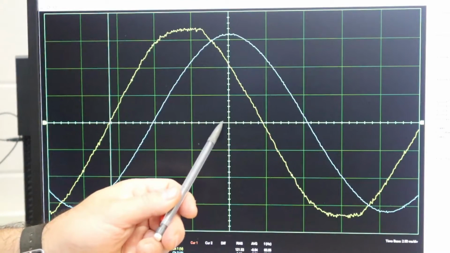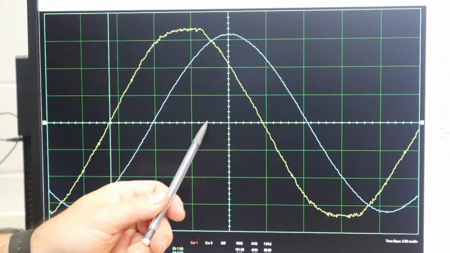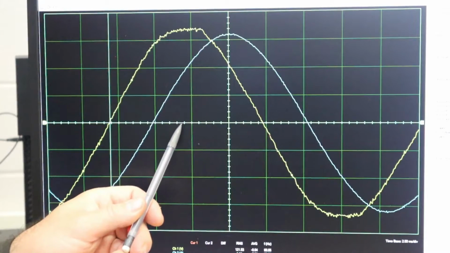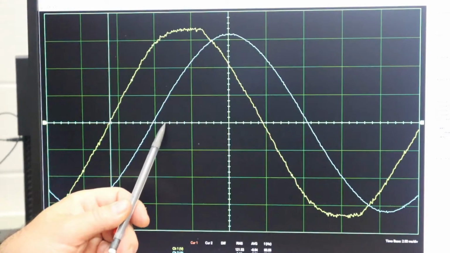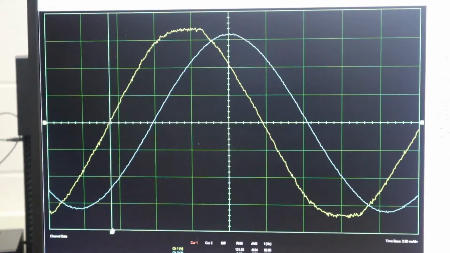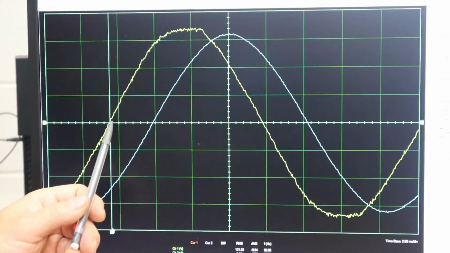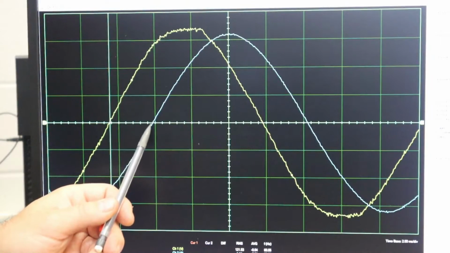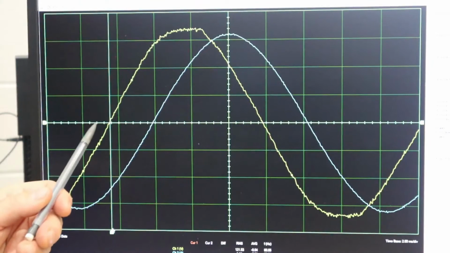So if I count the divisions, there's 5 degrees, 10, 20, 30, 40, 50, 60, 70, 80, 90 degrees. So if I count 10, 20, 30, 40, 50, it's slightly more than half.